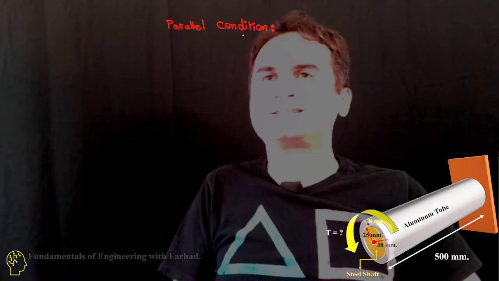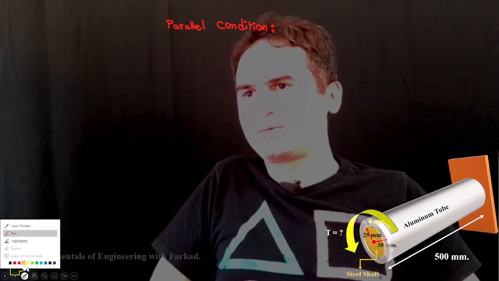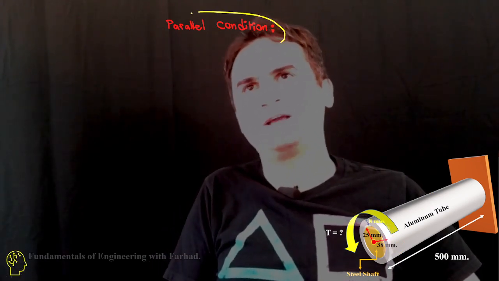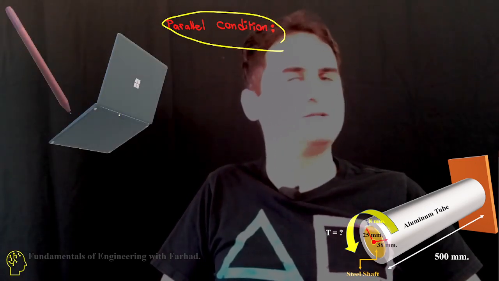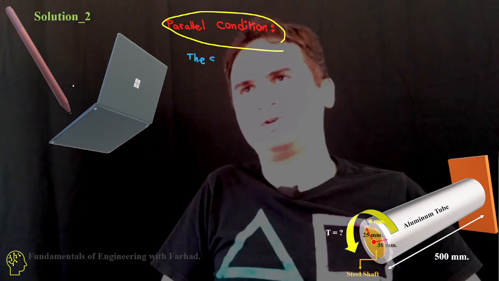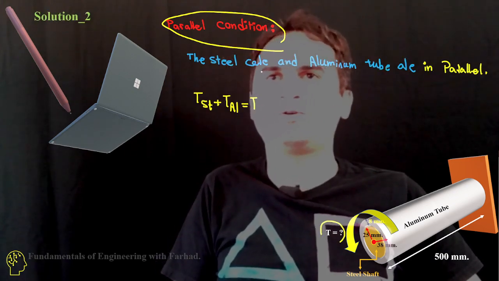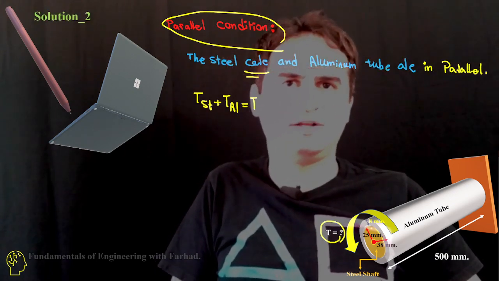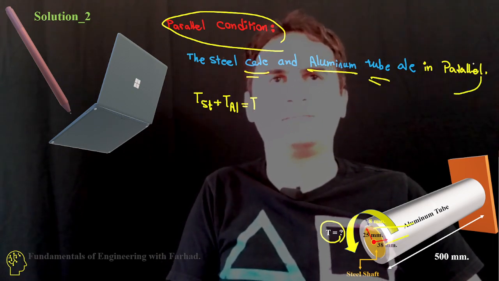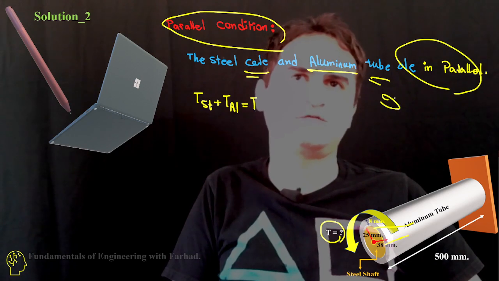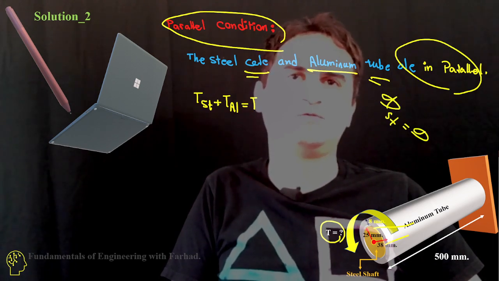Let's see if we can solve this problem any easier. Yes, we can. The parallel condition gives us a far better, easier solution. The steel core shaft inside and the aluminum tube are in parallel. Why in parallel? Because phi of steel is equal to phi of aluminum.